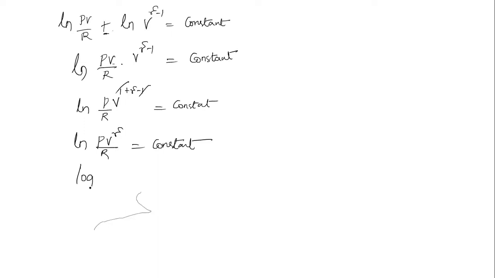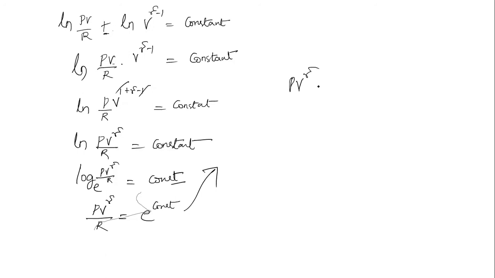Therefore, ln means log to the base e, PV to the power of gamma divided by R is equal to constant. Therefore, if I take the exponent, PV to the power of gamma by R is equal to e to the power of constant. e to the power of constant means constant itself. Then PV to the power of gamma is R into constant.